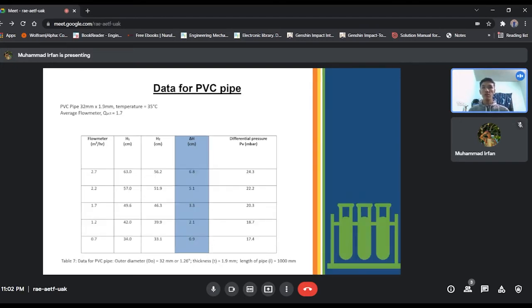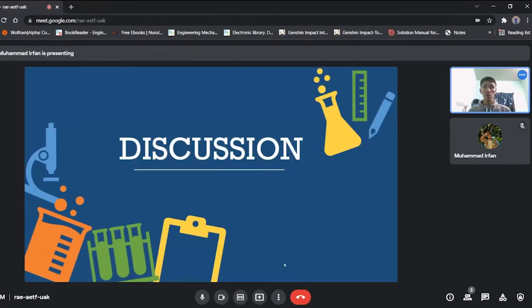And the last one is table 7. The table 7 is the data for PVC pipe. It has outer diameter 32 mm, thickness 1.9 mm and the length of the pipe is 1000 mm. The average flow rate is 1.7. Next, we move to the discussion.